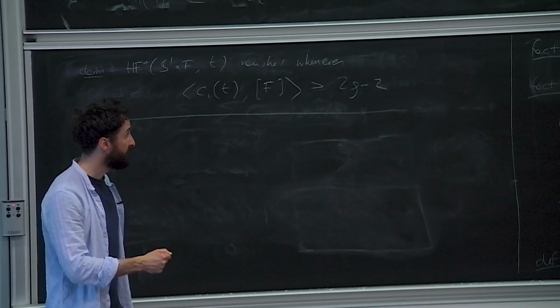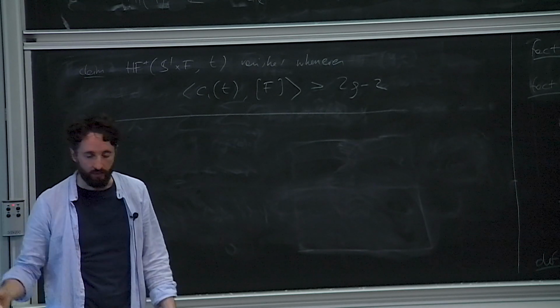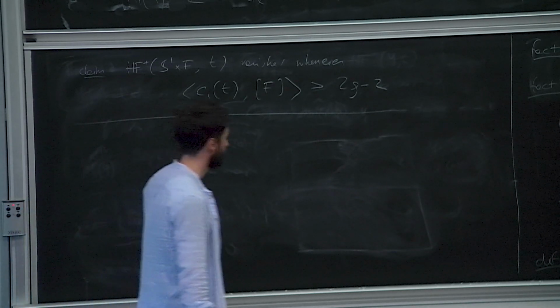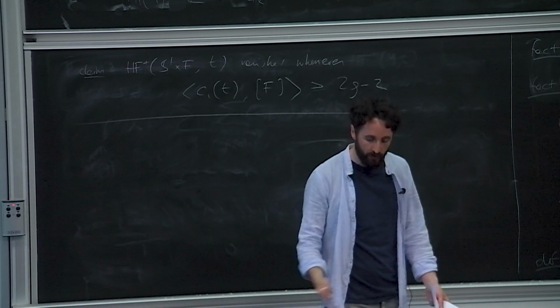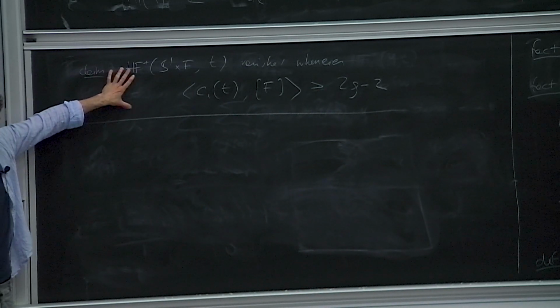But for each choice of the framing, there are some bad spin-C structures. So choosing which ones are good and which ones are bad boils down to understanding this claim.